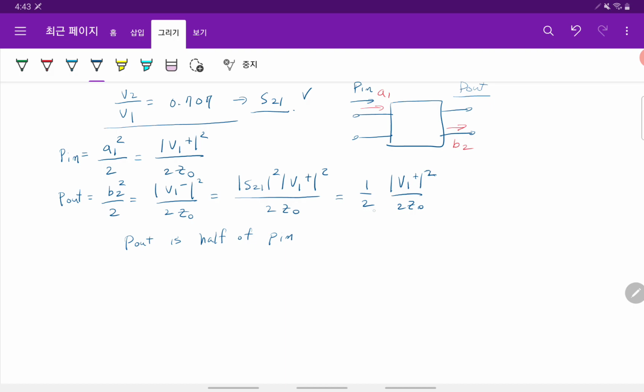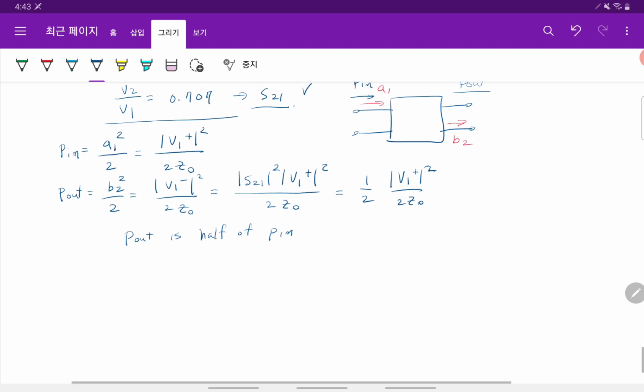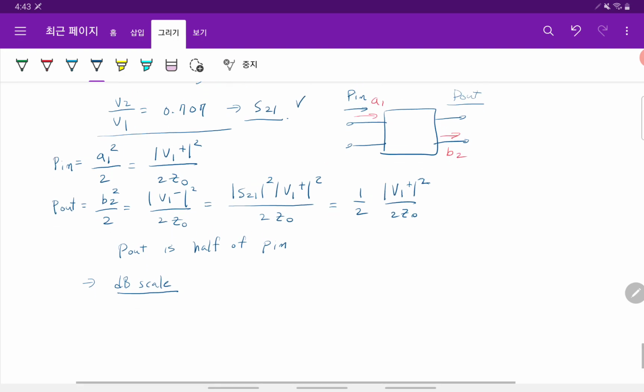So because the power ratio is half and the voltage ratio is 0.707, if we want to change to dB scale, we don't want to say S21 is 0.707. We always use a dB scale for S11, S21.